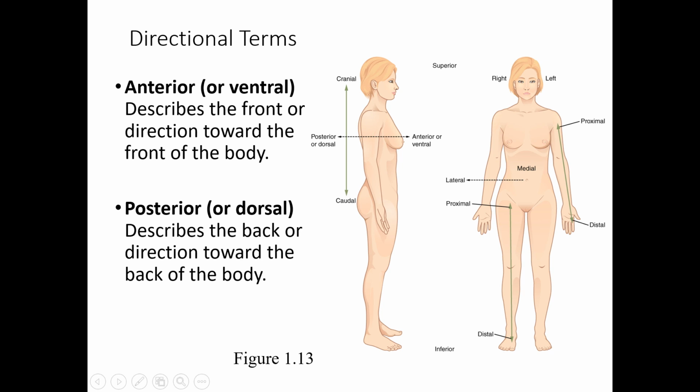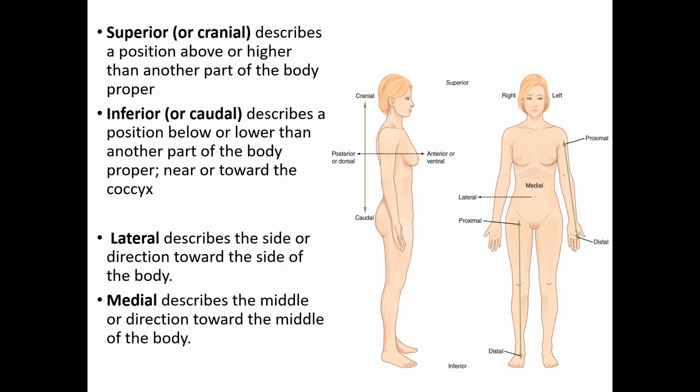Ear also will be posterior to the eye. How about the eye? It depends. If we are comparing the eye to the ear, the eye will be anterior to the ear, but the eye will be posterior to the nose.